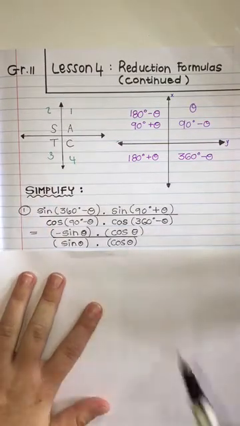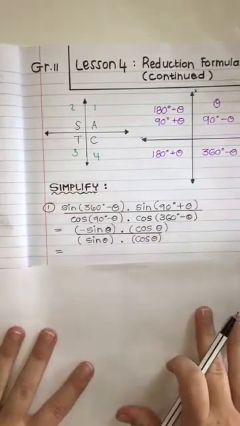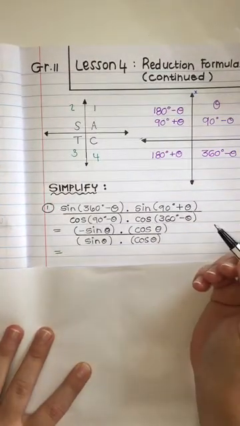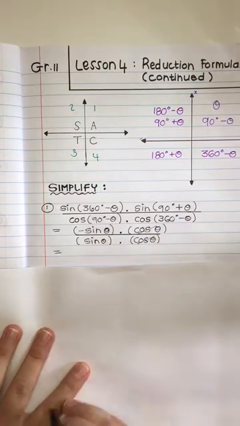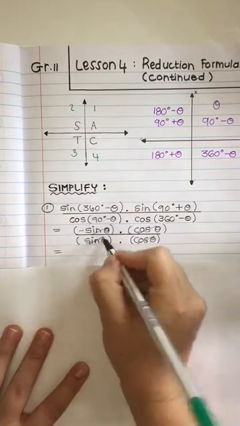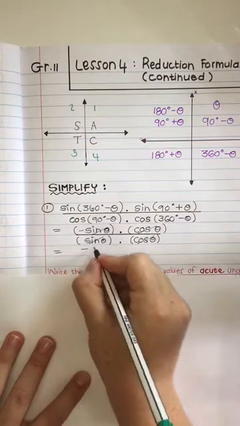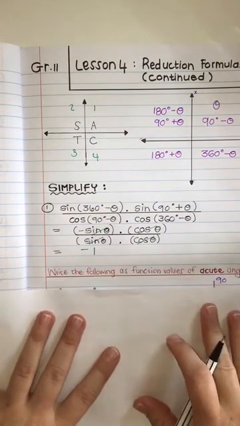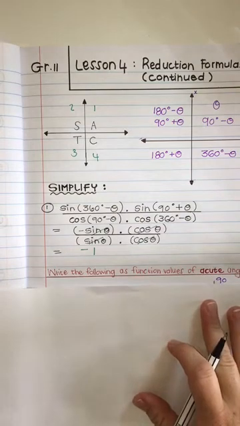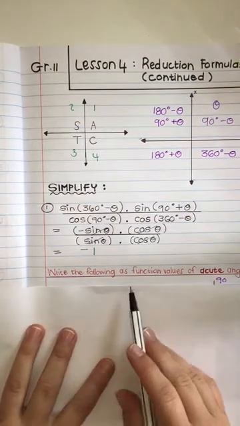And now we can actually simplify it. That and that cancels, sine and sine cancels, and we're left with minus 1. So that's the answer.